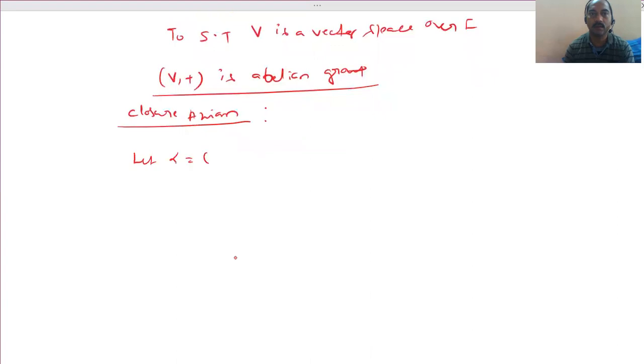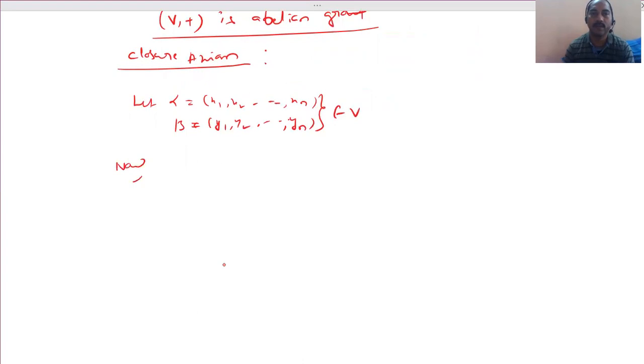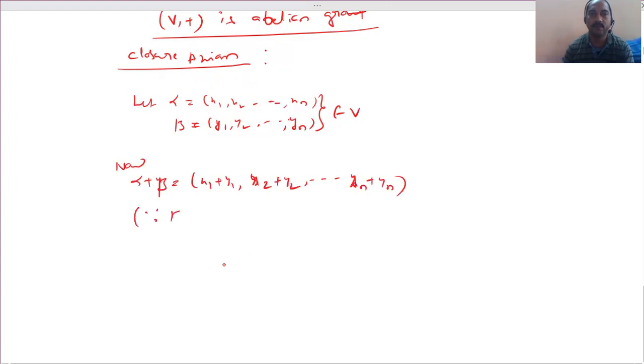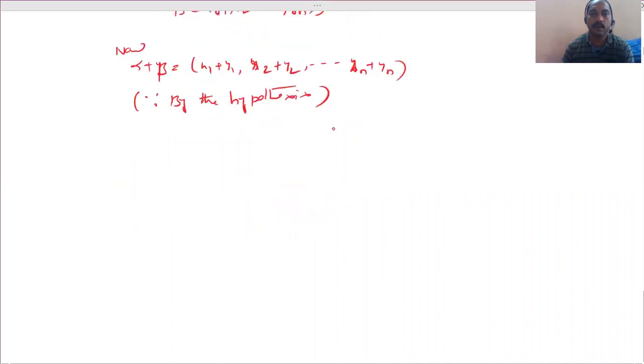In the closure axiom, we take two vectors. Let alpha be (x1, x2, and so on up to xn) and beta be (y1, y2, and so on up to yn). These are any two arbitrary vectors in V. We need to show their sum is in V. By the hypothesis, alpha plus beta equals (x1 plus y1, x2 plus y2, and so on up to xn plus yn).